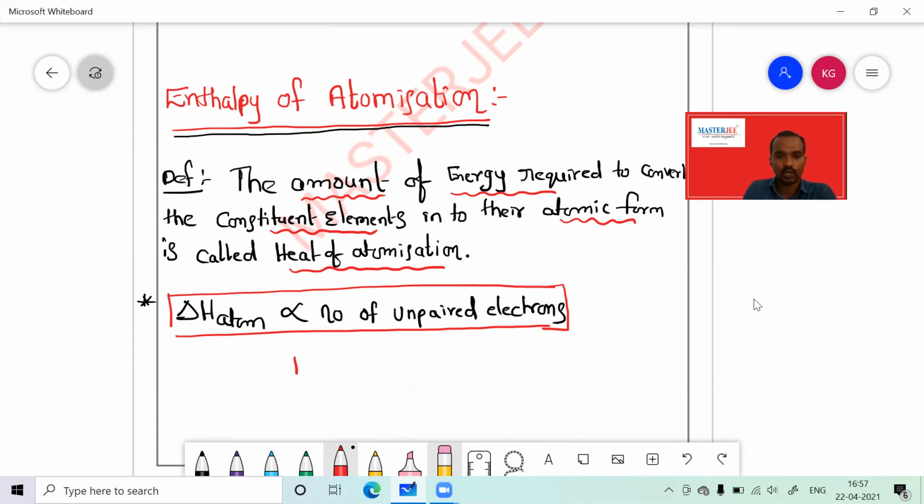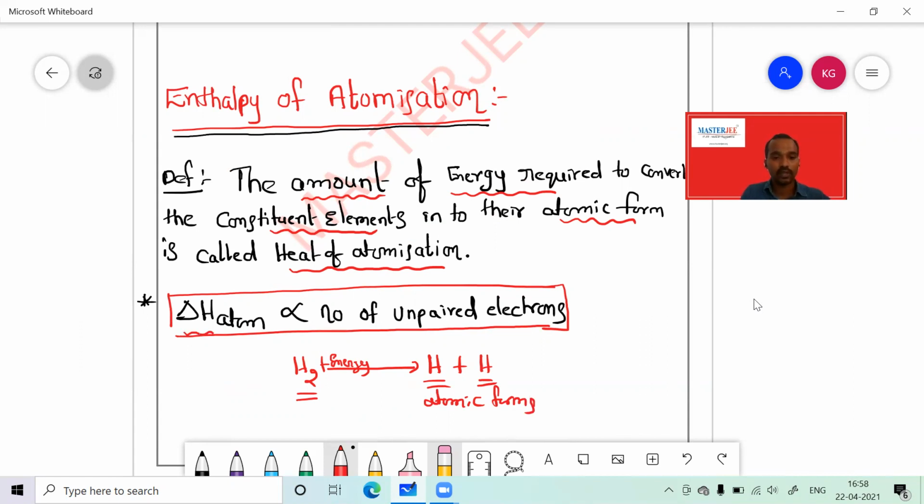For example, if you convert an H2 molecule into hydrogen atoms, the energy you use is called the enthalpy of atomization.